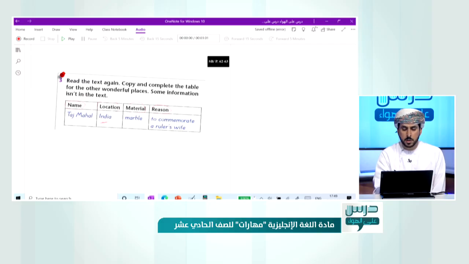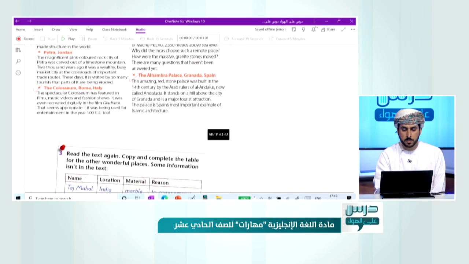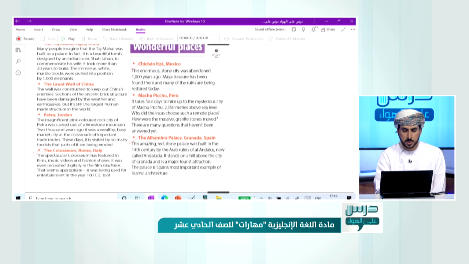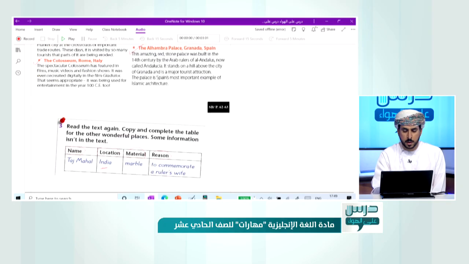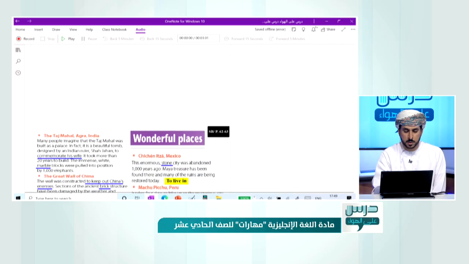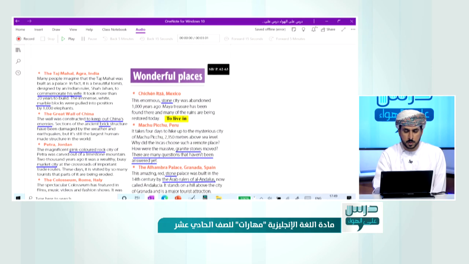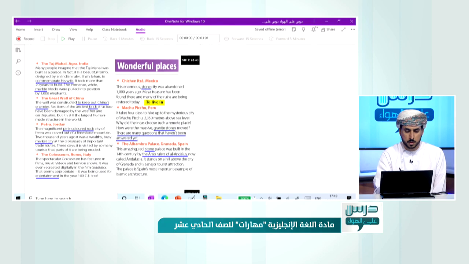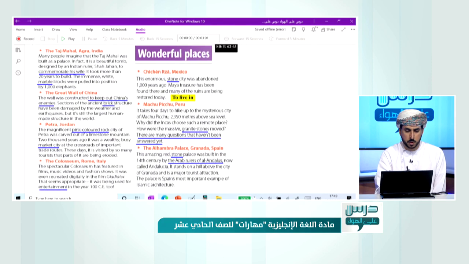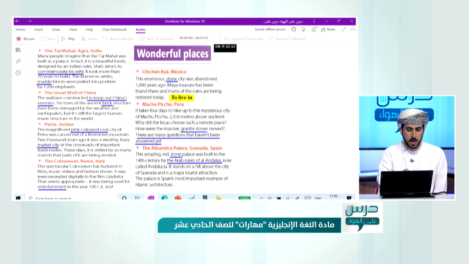Okay, now we need to find the other information about the rest of the sites that we have, the Great Wall of China, Petra, and so on. Now read it again and let's have the answer of each one individually. We have finished the Taj Mahal in the example, and now let's move to the Great Wall of China.